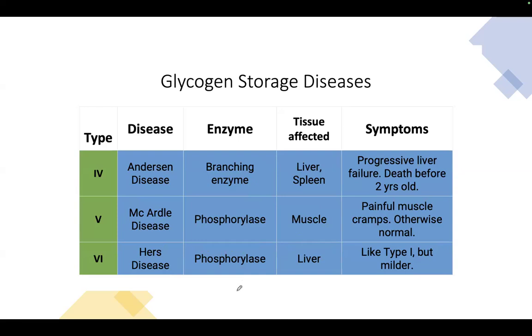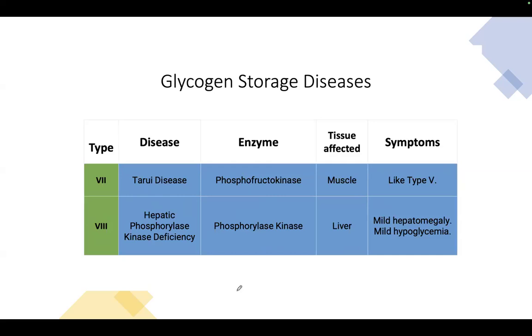Now, if the exam is just a few minutes from now, I will leave you with the things you need to know. We have type 7 glycogen storage disease, which is Tarui's disease. The enzyme is PFK, or phosphofructokinase. We commonly call this PFK.